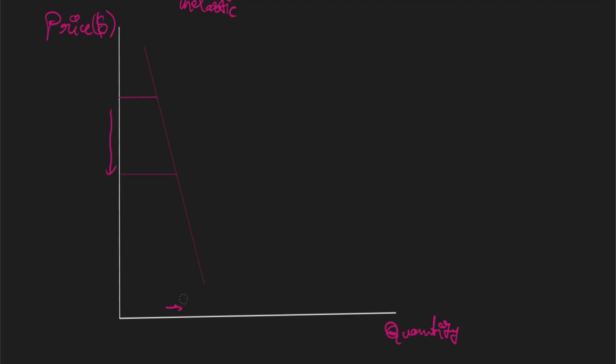Now, for price elastic demand, the gradient is going to be very, very gradual. So it looks something like this. So even the tiniest change in price, so that's a pretty tiny change in price, but look at the change in demand. Tiny drop led to a massive increase in the quantity demanded. So this is price elastic.